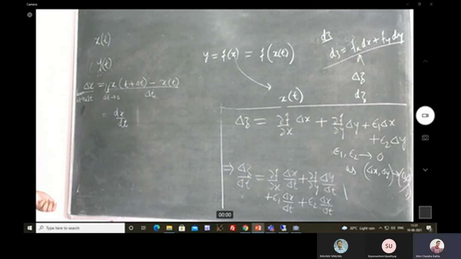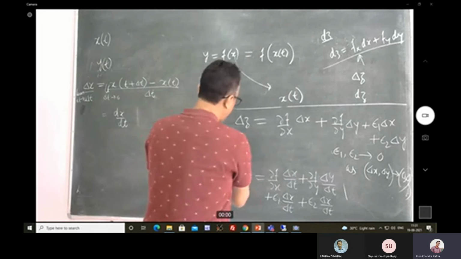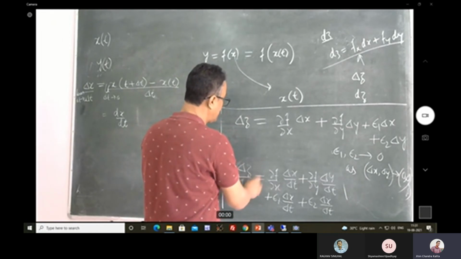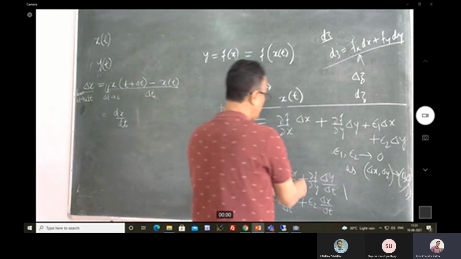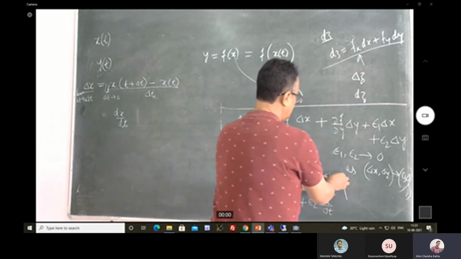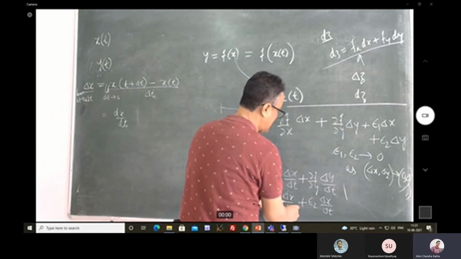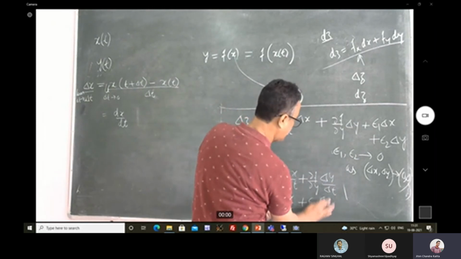Isn't it? So obviously, if I take the limit, then as delta t tends to 0, this is going to be dz/dt. This is going to be dx/dt. This is dy/dt. Similarly, this is going to be dx/dt. Sorry, I have made a mistake here.